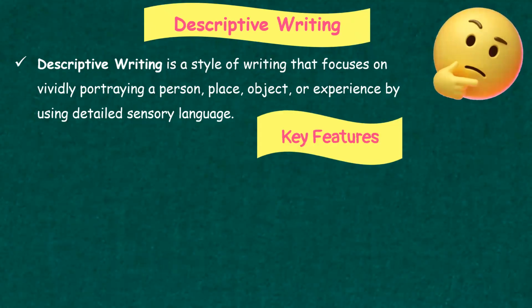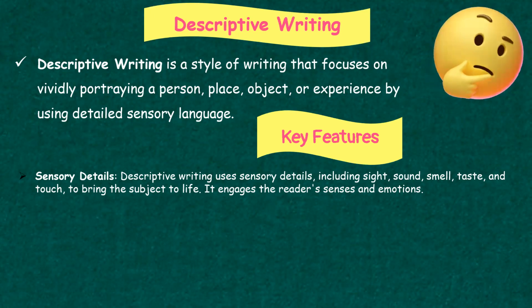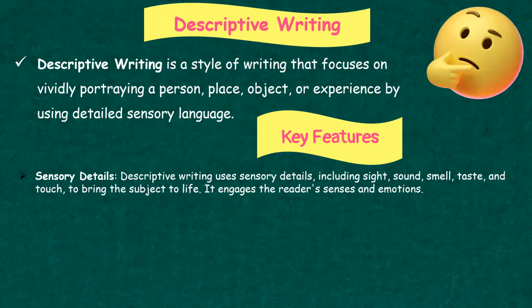What are the key features of descriptive writing? The first and foremost important feature is sensory details. Descriptive writing uses sensory details including sight, sound, smell, taste, and touch to bring the subject to life. It engages the reader's senses and emotions.